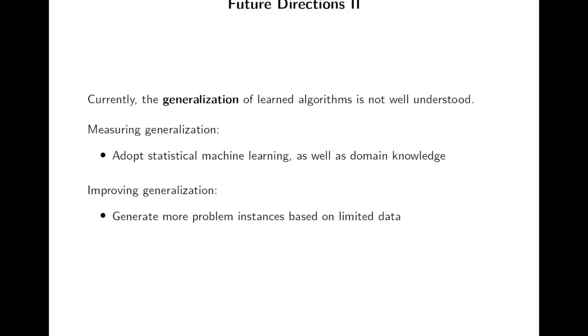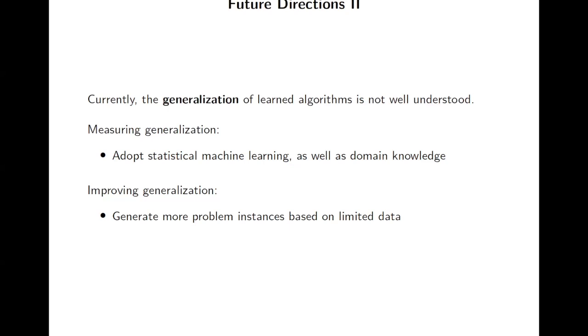The first one is how to measure the generalization gap using statistical machine learning tools and give some theoretical guidance: how many samples you have to use, and what kind of samples you have to use to get a meaningful algorithm. And also how to improve the generalization.